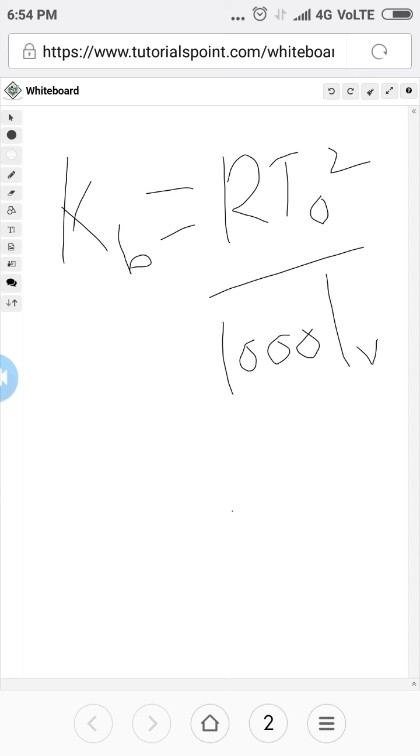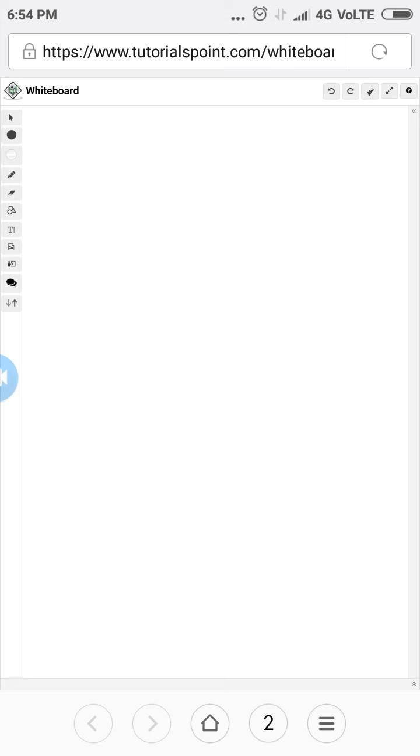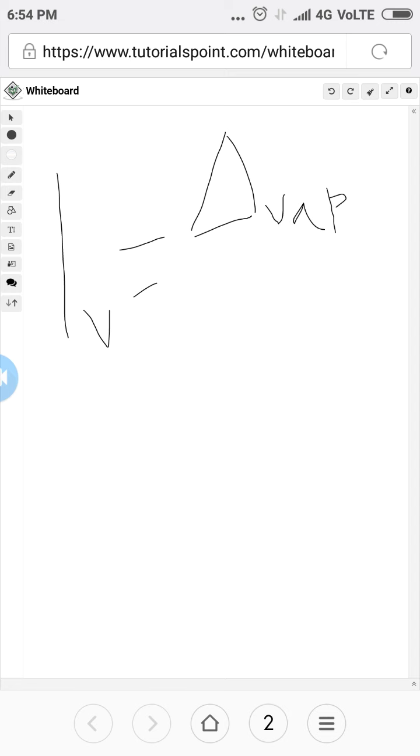This formula is also converted in terms of enthalpy of vaporization.